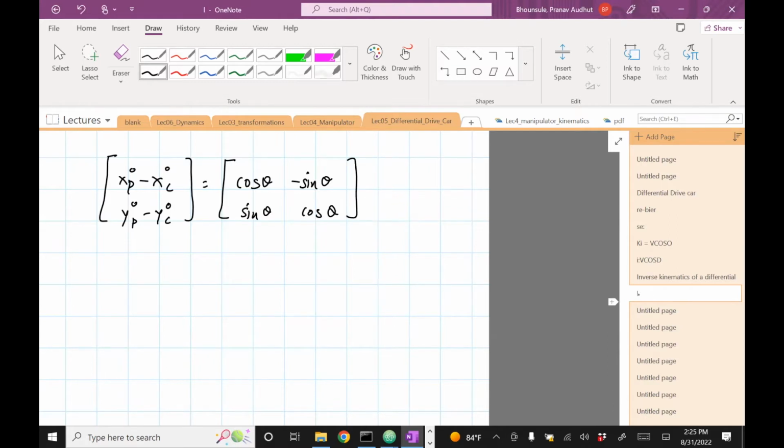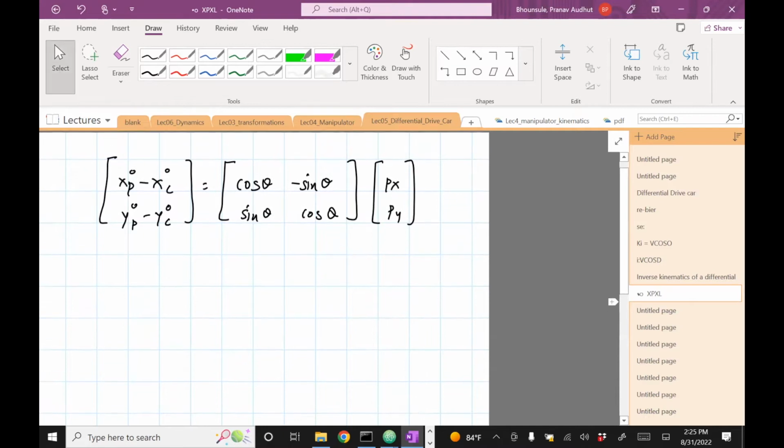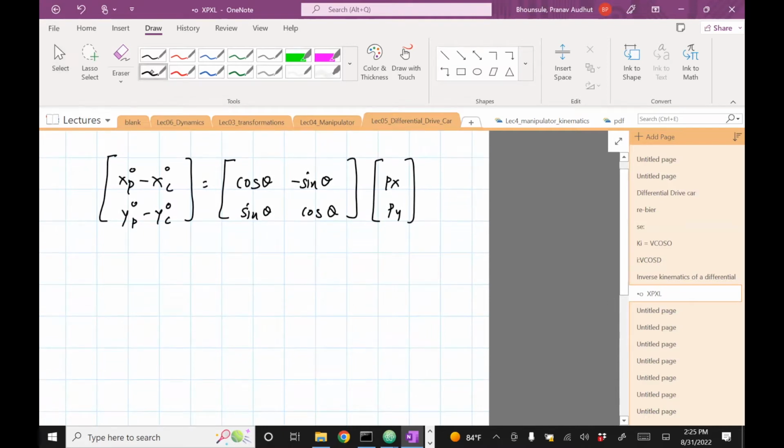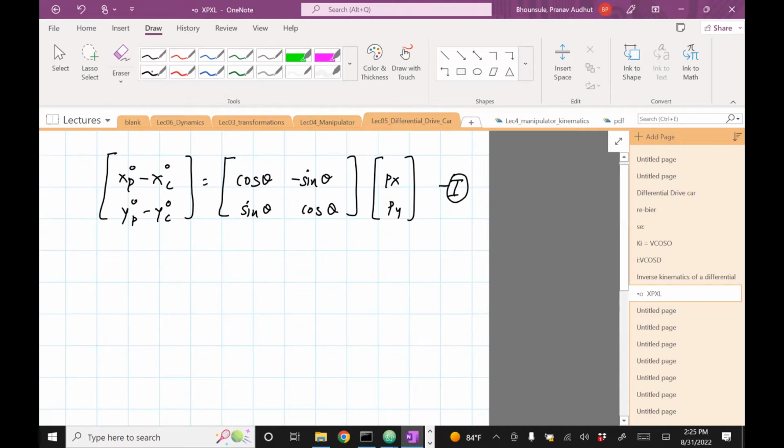And the right-hand side is Px and Py. Okay, let's call this equation 1.